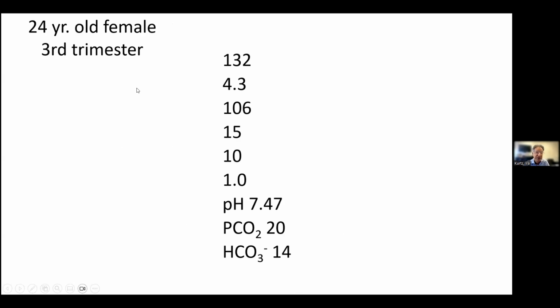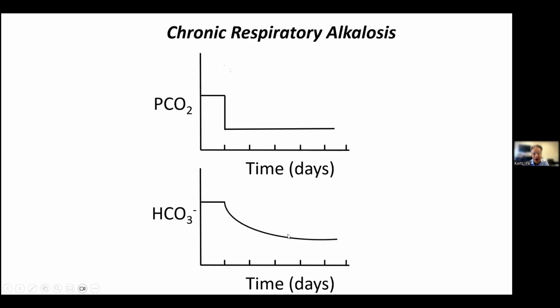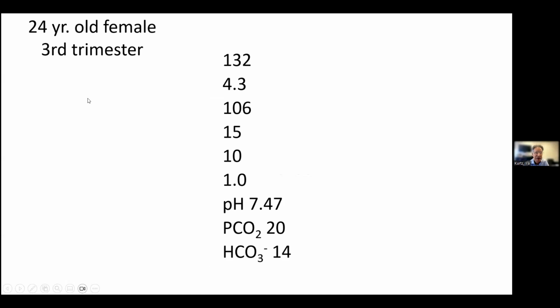Now, this is an example of a new steady state of chronic respiratory alkalosis that we showed last week. 24-year-old female in the 3rd trimester of pregnancy. Remember, all females in the 3rd trimester of pregnancy have a chronic respiratory alkalosis. They hyperventilate. And that started earlier, but it reaches its new steady state in the 3rd trimester. And so here's someone with a PCO2 of 20, and the bicarbonate fell by half.